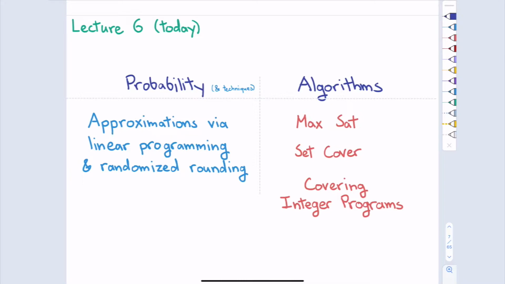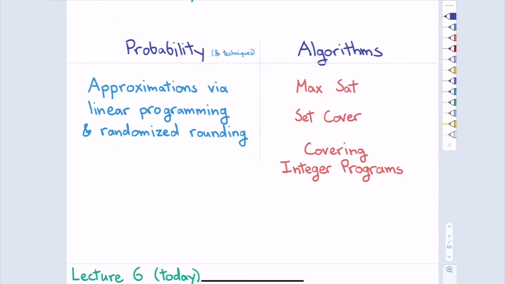There's no new inequality today, but as a more general technique, we're going to be focusing on approximation algorithms based on linear programming and randomized rounding. That's the general technique of the day. The problems we'll look at are MaxSAT as usual, set cover, and covering integer programs as a generalization of set cover.